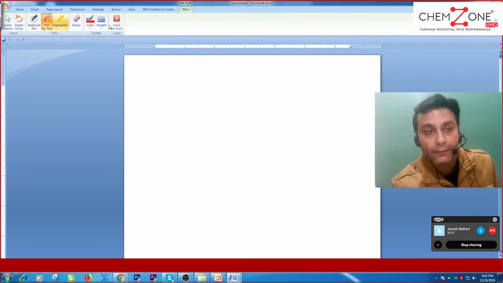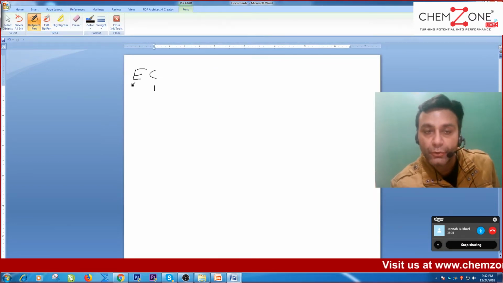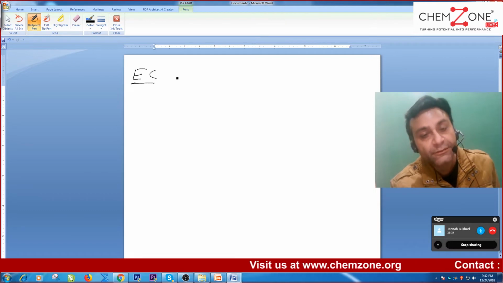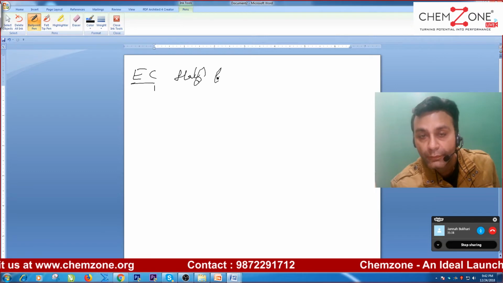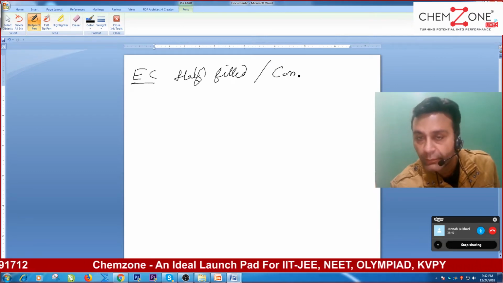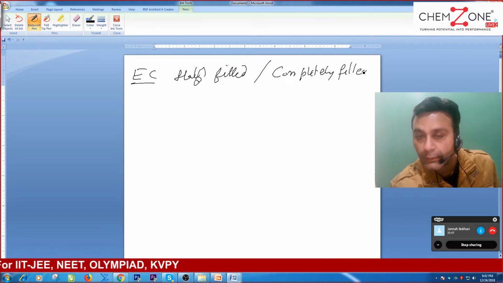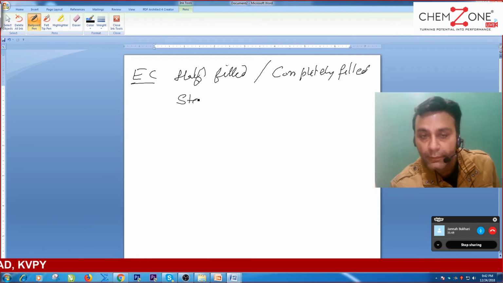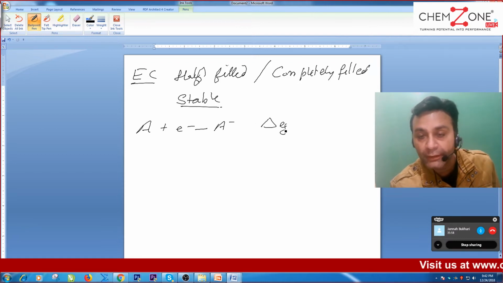So next we have the electronic configuration. All those atoms which are either half filled or completely filled are stable, and adding an electron to them will be difficult, and for that the electron gain enthalpy will be 0.